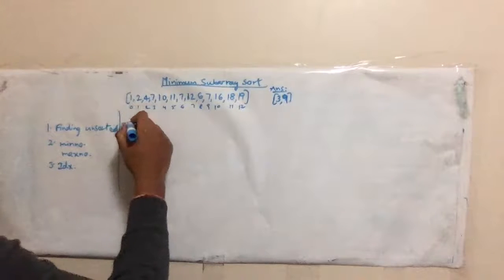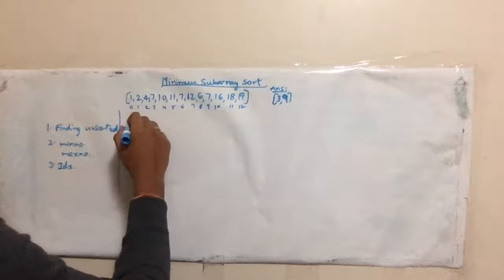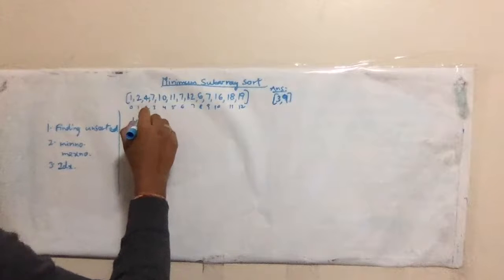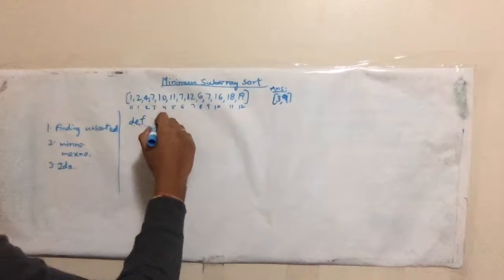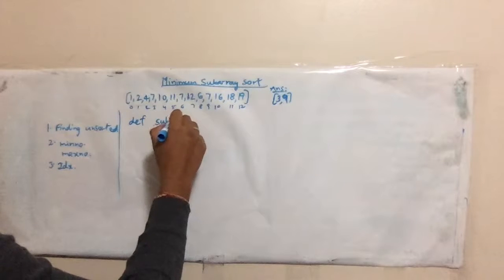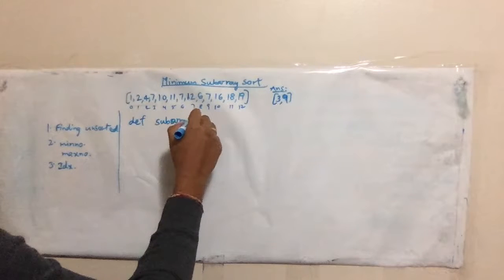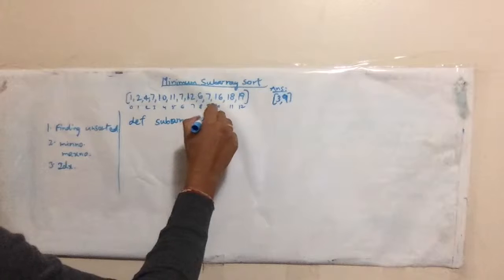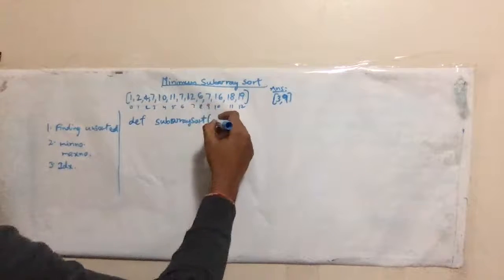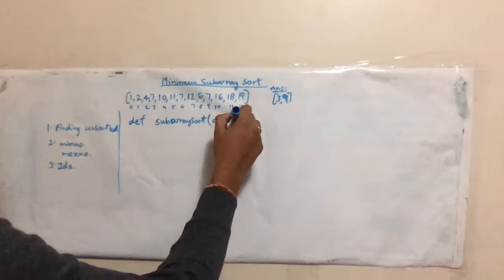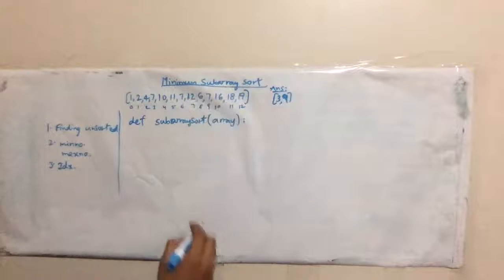Okay, regarding the implementation part, we just implement this logic. I'm going to implement it in Python. So definition of subarray sort, minimum subarray sort, which takes the input list. I will call it array.